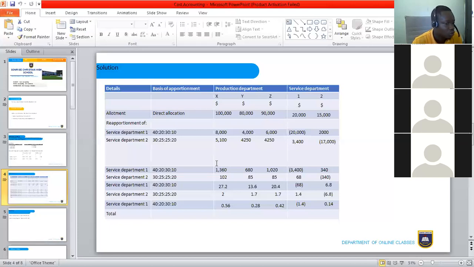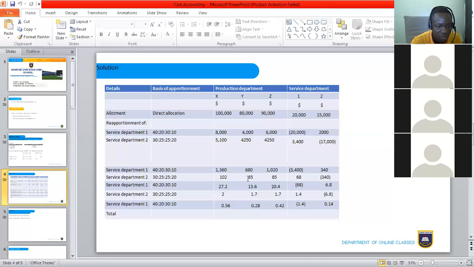So you must take notice of those things. When they say you should round it to the nearest 10, it means nothing is going to come on top of this. So if they said we should apportion this to the nearest 10, we are not going to have 102, we are going to have 100.